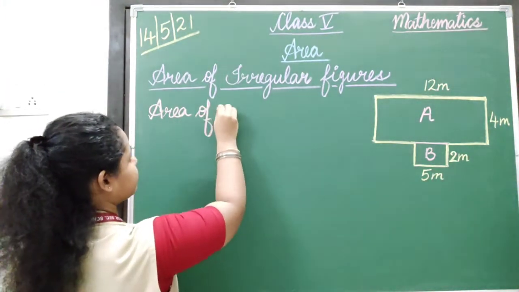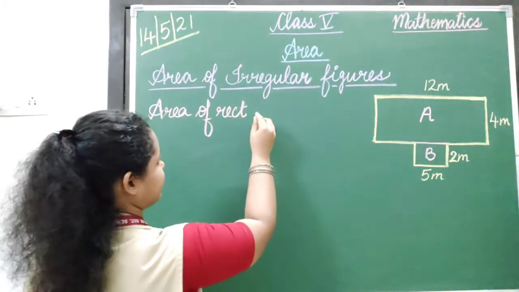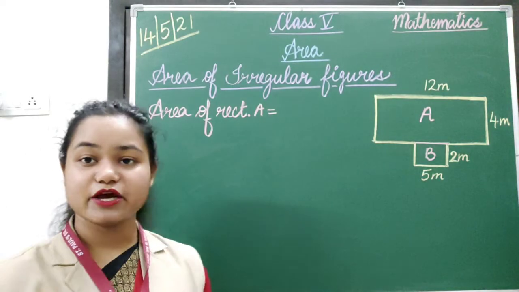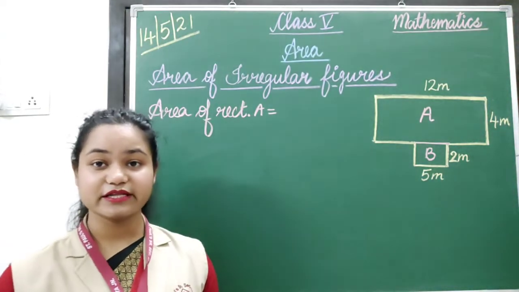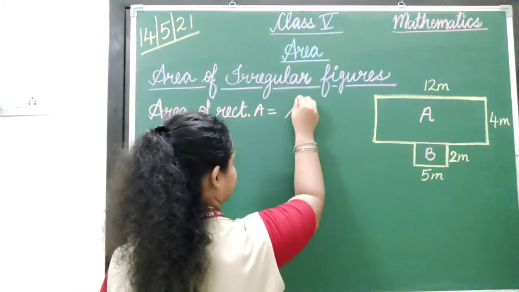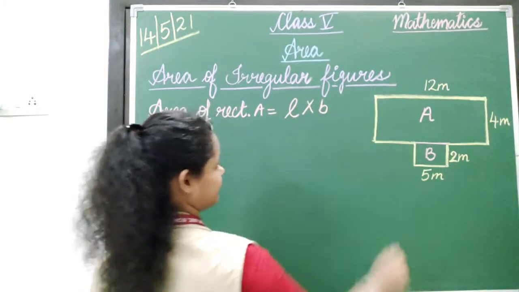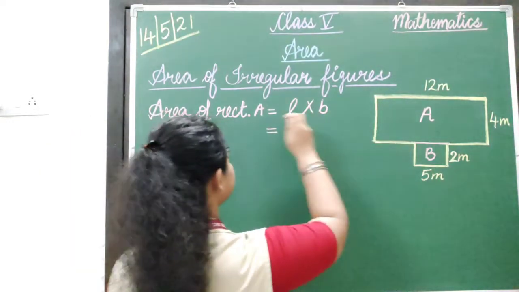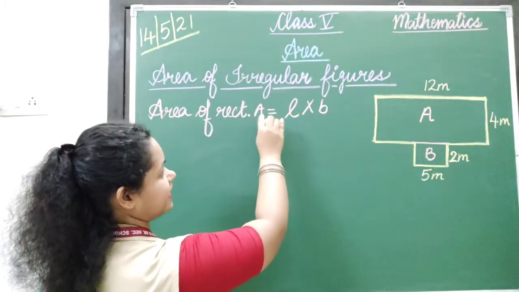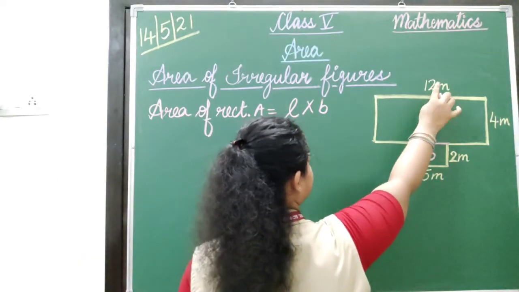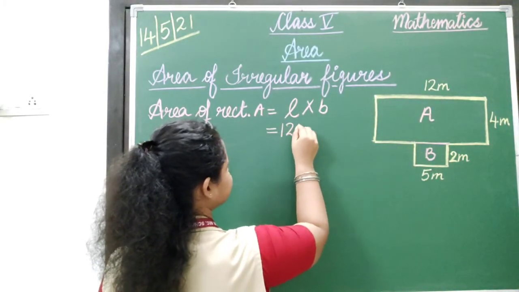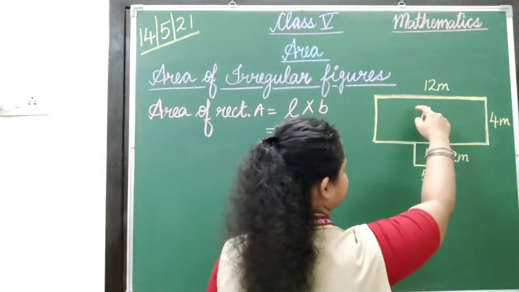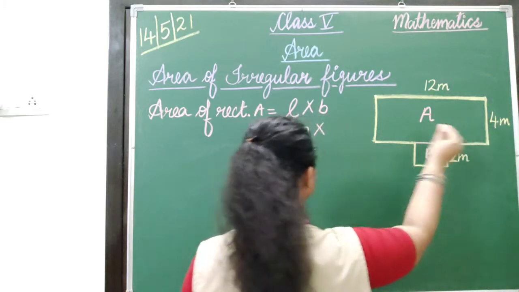Area of rectangle A is equals to, what is the formula, my dear students? Length into breadth. Now, just see the length of rectangle A. What is the length of rectangle A? 12 meters multiplied by breadth of rectangle A, which is 4 meters.